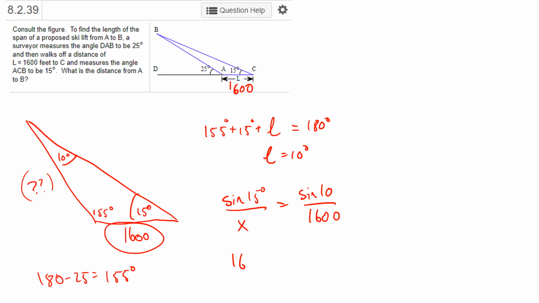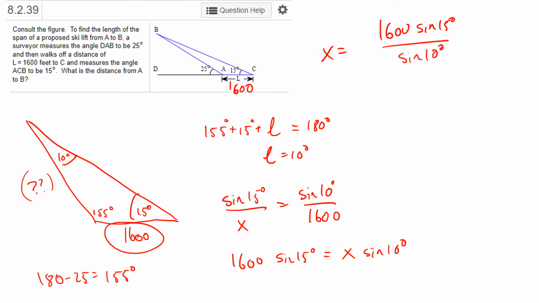Cross multiply: 1600 times the sine of 15 degrees is our unknown length times the sine of 10 degrees. Divide by the sine of 10 degrees to get our unknown distance: 1600 times the sine of 15 degrees divided by the sine of 10 degrees. We could punch that into a calculator or computer to get an estimate, but I don't particularly care to do that. And there's our distance from A to B, the distance of the ski lift.